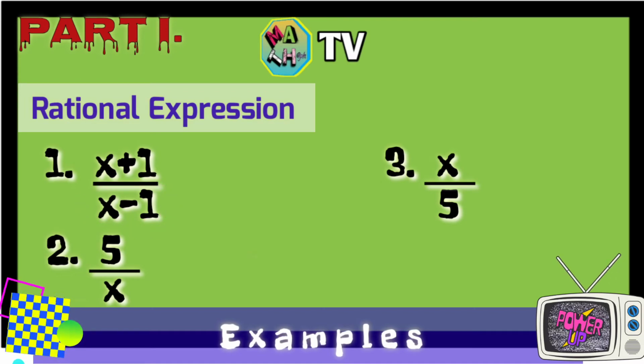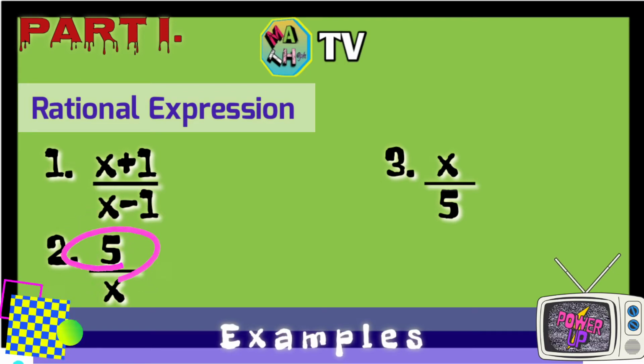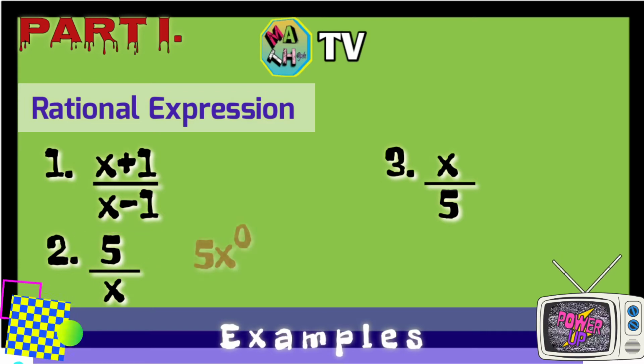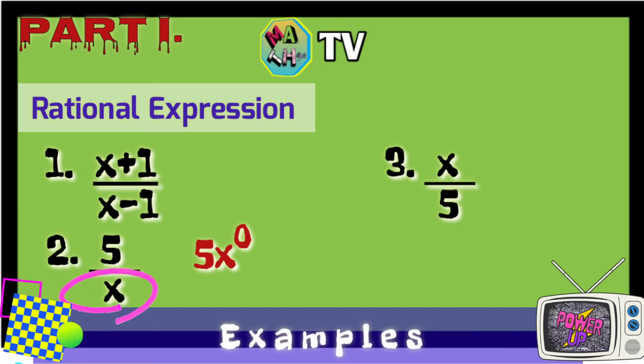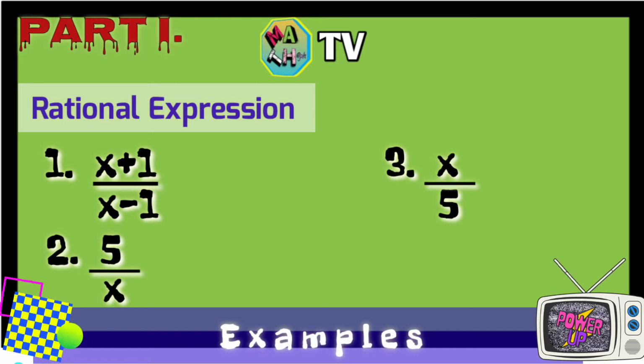The second example is also a rational expression because the numerator 5 again is a polynomial of degree 0. So it can be written as 5x to the power of 0. And the denominator x is also a polynomial. So 5 over x is a rational expression.